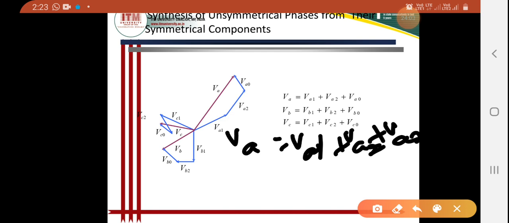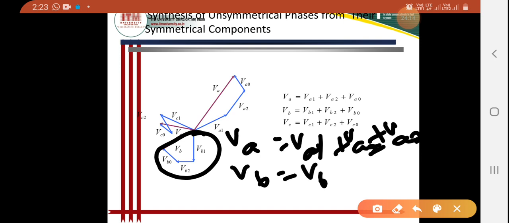Similarly, VB will be VB1 plus VB2 plus VB0.